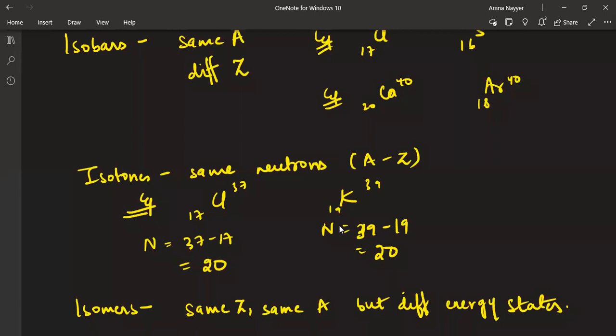And isomers you must have heard of. Mass number and atomic number are not concerned here. They have different energy states, as in their structures. Optical isomers are there, geometrical isomers are there, different types of isomers are there. Different energy states, different configurations.